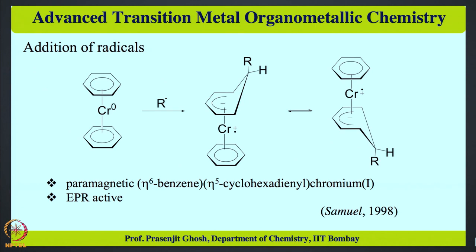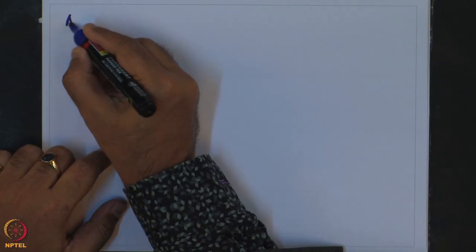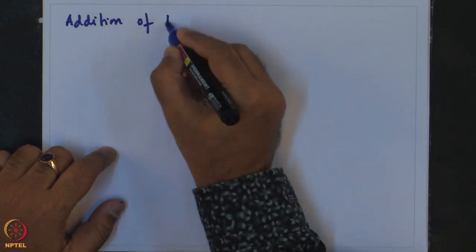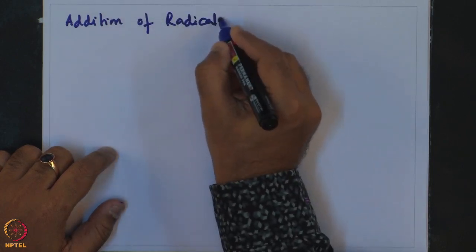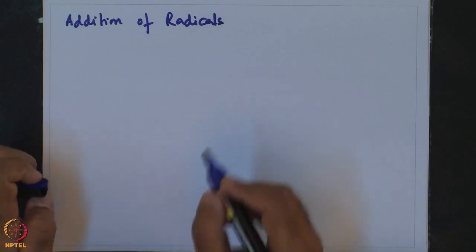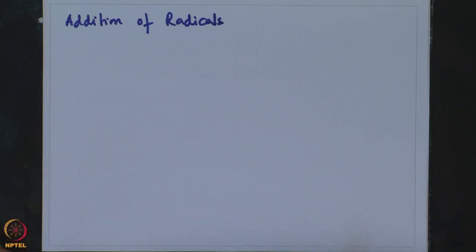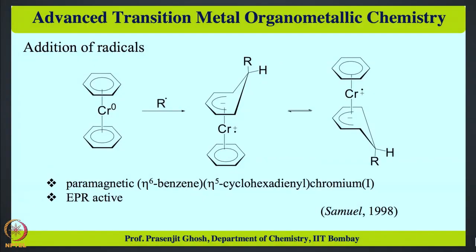Okay. So, next after addition of nucleophiles, another interesting reaction is addition of radicals. Now, this addition of radical leads to formation of paramagnetic compounds.